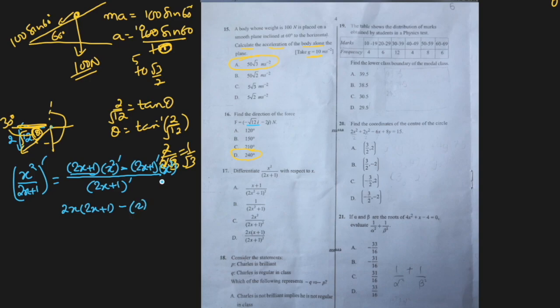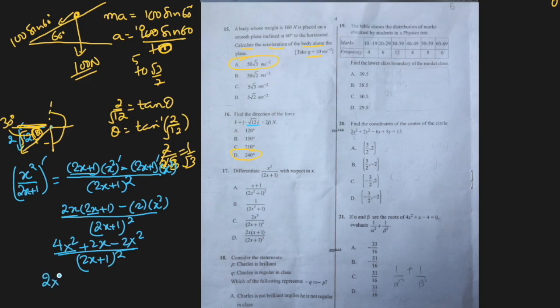Minus the differentiation of 2x plus 1, which is just 2, and we have x squared here, divided by 2x plus 1 squared. Since they want the simplified form, let's simplify this. 2x times 2x is 4x squared, plus 2x, minus 2x squared, over 2x plus 1 squared. 4x squared minus 2x squared is 2x squared, plus 2x, over 2x plus 1 whole squared.